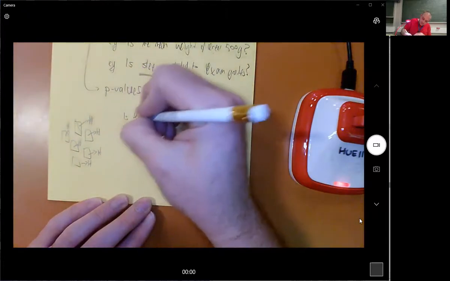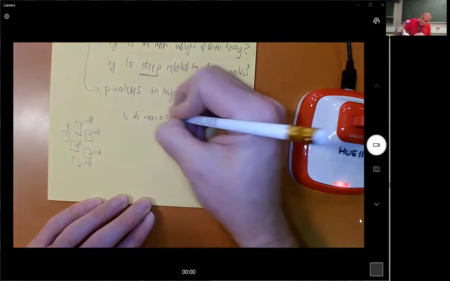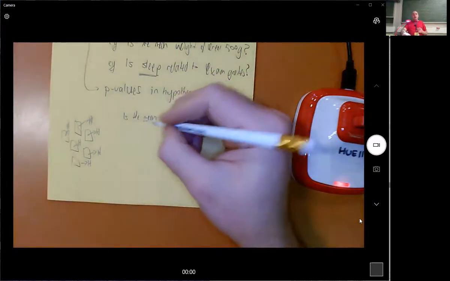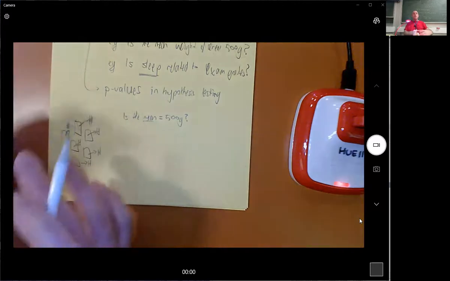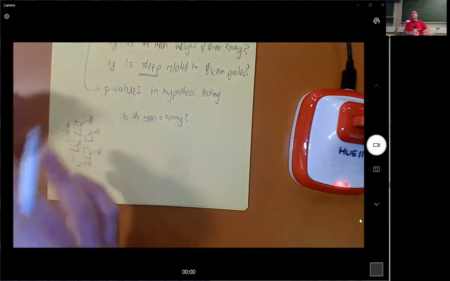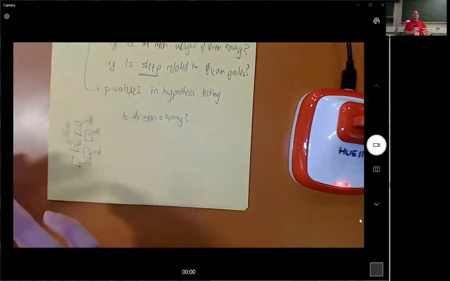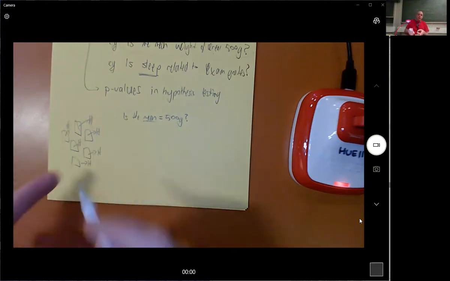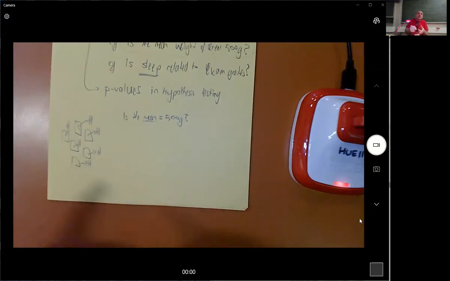Is the mean equal to 500 grams? All right. And that mean we're talking about is the mean of all possible cereal boxes that could possibly be produced. So when we talk about a population in statistics, when you're talking about people, a population is, you know, they exist somewhere and you've just got some of them, but the population of cereal boxes doesn't even exist yet because a lot of them haven't been made.